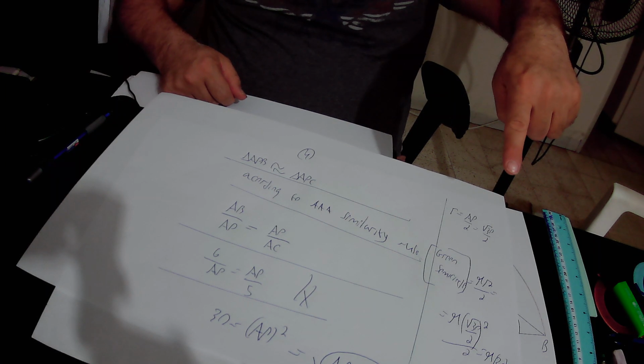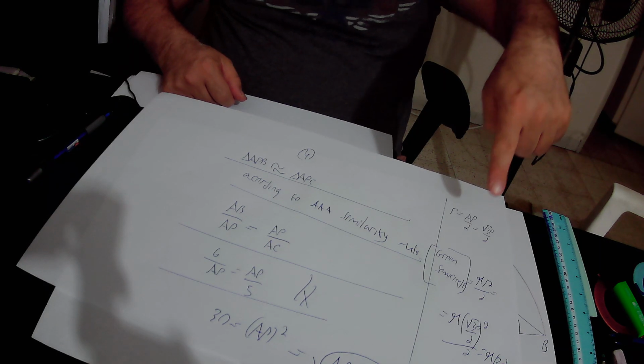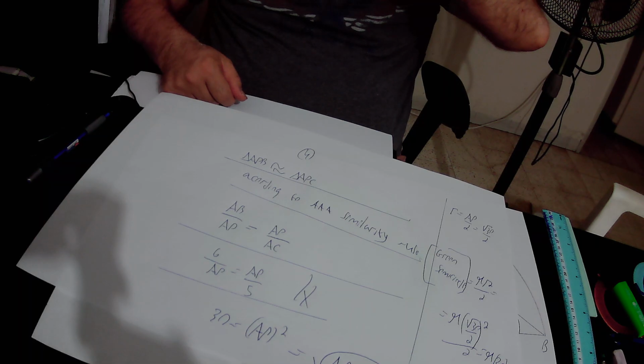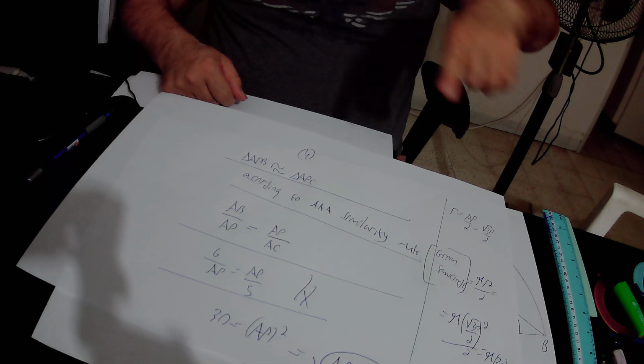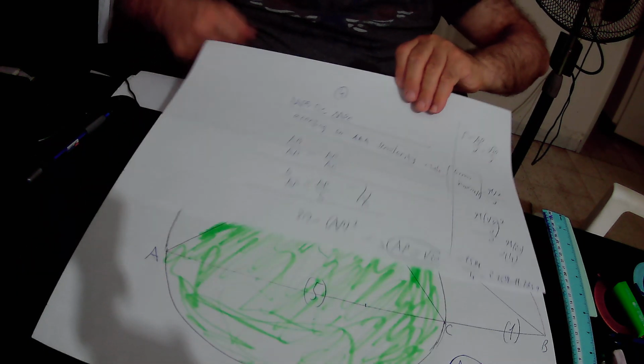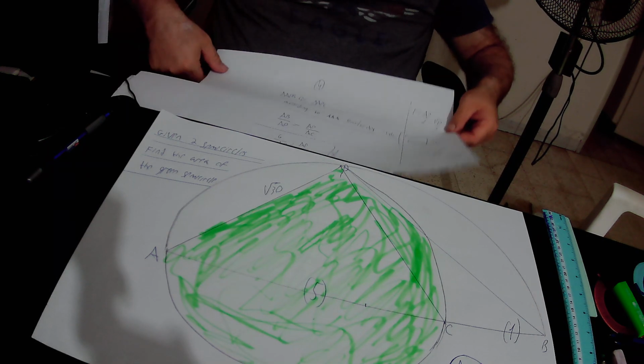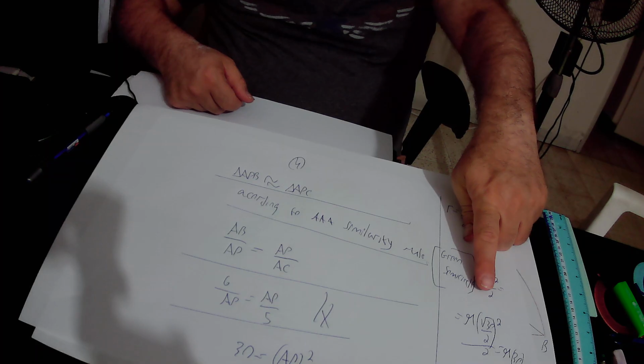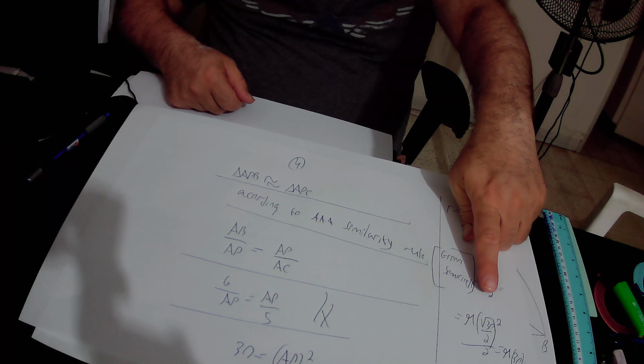R is the square root of 30 over 2, therefore r squared is the square root of 30 over 2 squared, divided by 2. So in total, the area of this green semicircle equals pi times the square root of 30 over 2 squared, that is r squared, over 2.